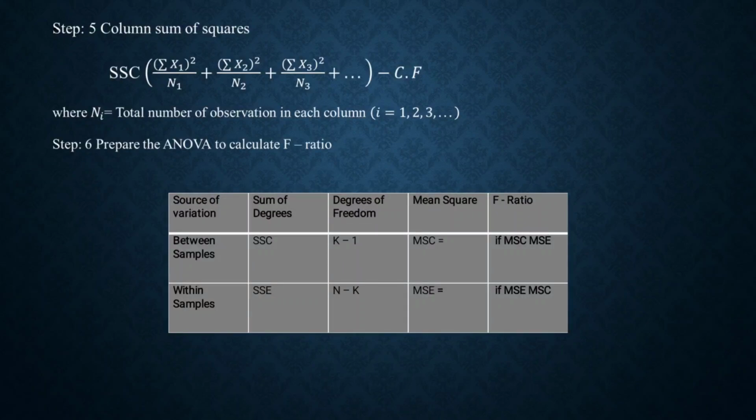Next we have to calculate mean square, that is MSC, whose formula is SSC divided by k minus 1, and MSE, that is within samples, whose formula is SSE divided by n minus k. Among these we have to find which one is the greater value. Depending on that, F calculated equals MSC over MSE or the reverse; the greater value will be in the numerator and the smaller value will be in the denominator.